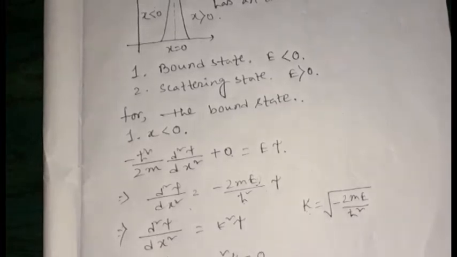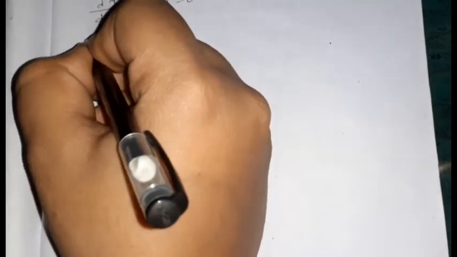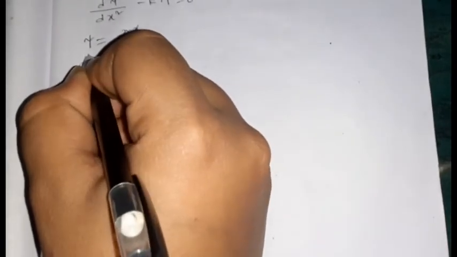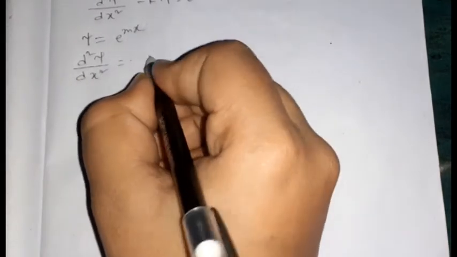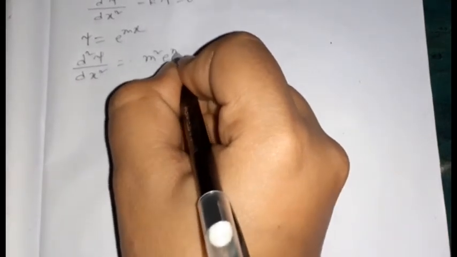Now we have to solve this ordinary differential equation. To solve this kind of equation, I choose ψ equal to e to the power mx, where m is any constant, and then double differentiate it with respect to x, it gives m square e to the power mx.